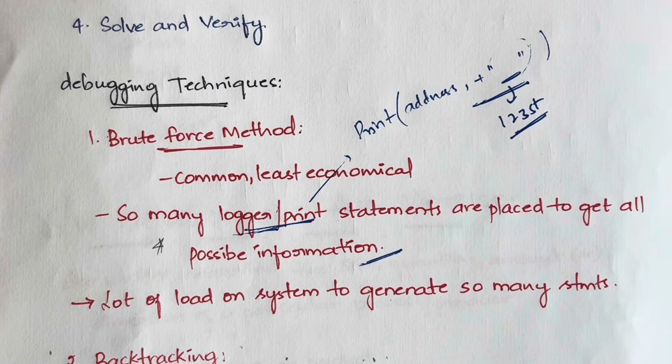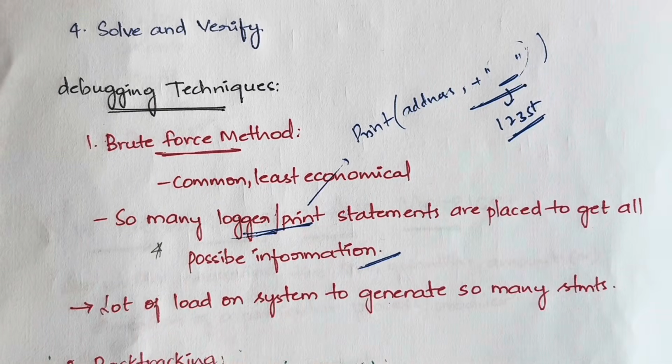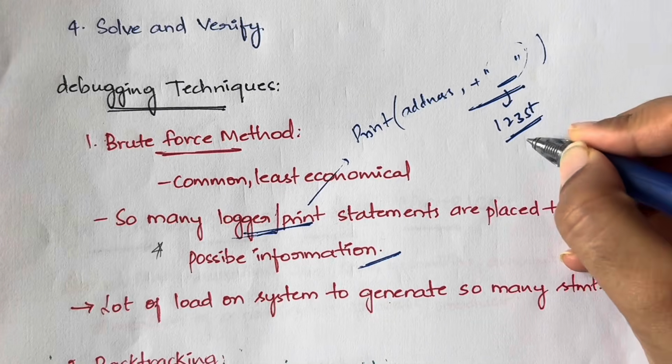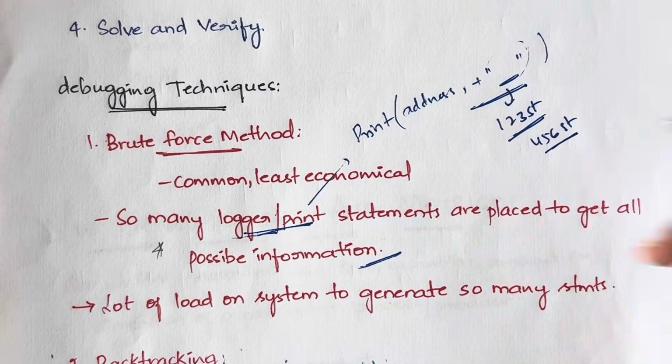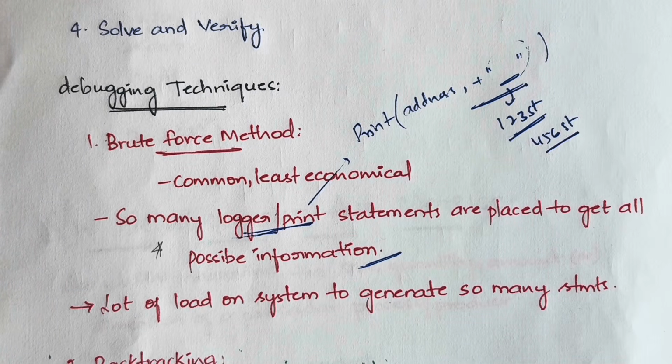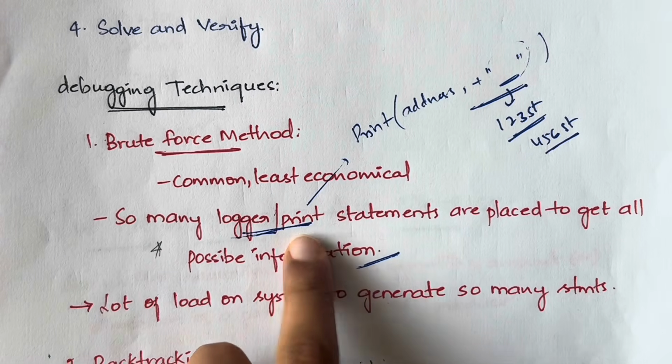Actually what it has to print is the updated address, right? So then you will understand, okay, it is not printing the updated address. Or let's say it printed the updated address, in the server, I mean in the code, it is printing the updated address only. Then what is happening? Is it a problem with the front end? So like that you will start analyzing it based on the print statements.